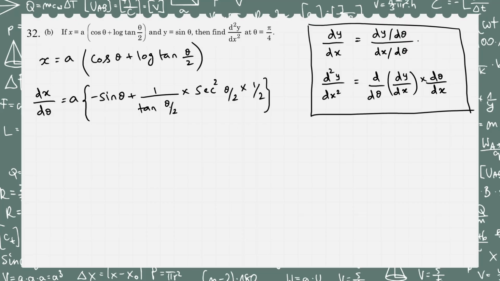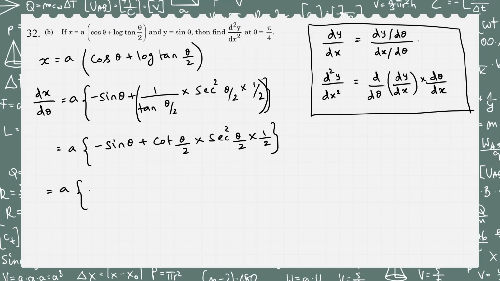Now we need to simplify this. So this will be a into minus sin theta plus, all of these together as one term, right? So now we can convert this in terms of cos and sin. First, 1 by tan theta by 2 is cot theta by 2, into secant square theta by 2, into 1 by 2.